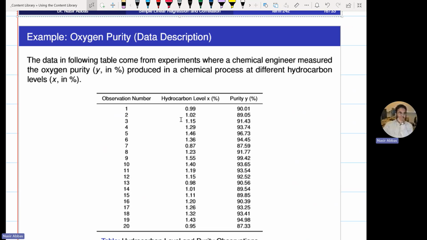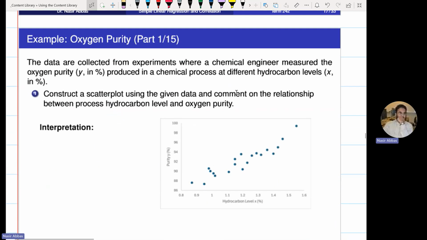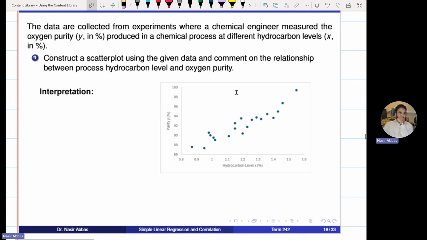Looking at these data, the first thing they asked us to do is draw a scatter plot of the data. So when we drew the scatter plot, here it is. From this scatter plot, what do you get? If I try to pass a straight line through these data, can I?